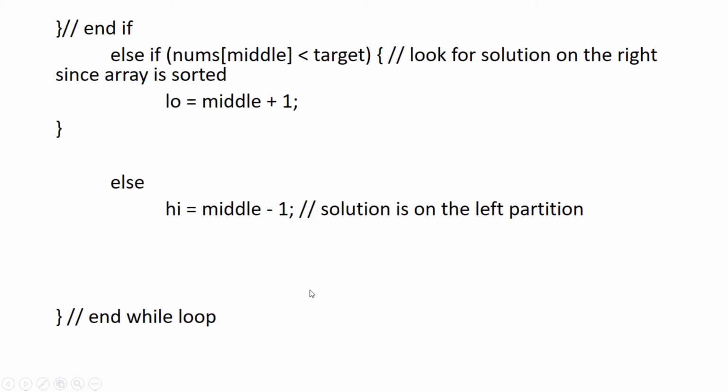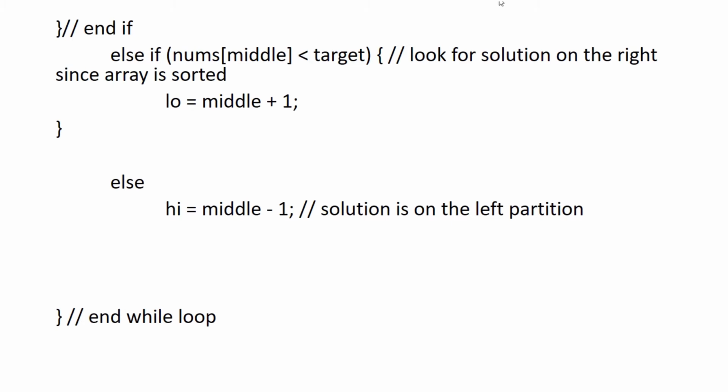Now this is where the knowledge of our sorted array comes in. If we know that the array is sorted and we compare our middle element to the target, and our middle element is less than the target, then that is telling us that the target we are looking for will be on the right side, because our array is sorted in increasing order.